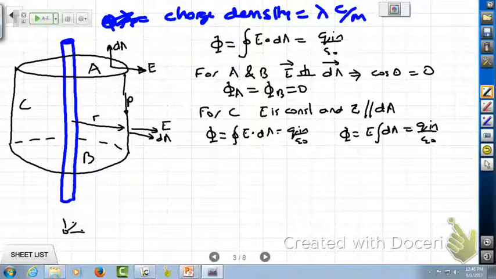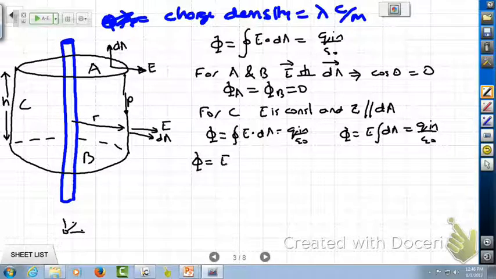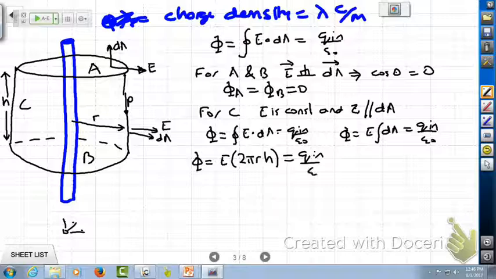What is my surface area of C? 2 pi r times h, where that is h and that is R. So flux is equal to E times 2 pi R, that's the circumference, times H, which equals Qn over epsilon naught.